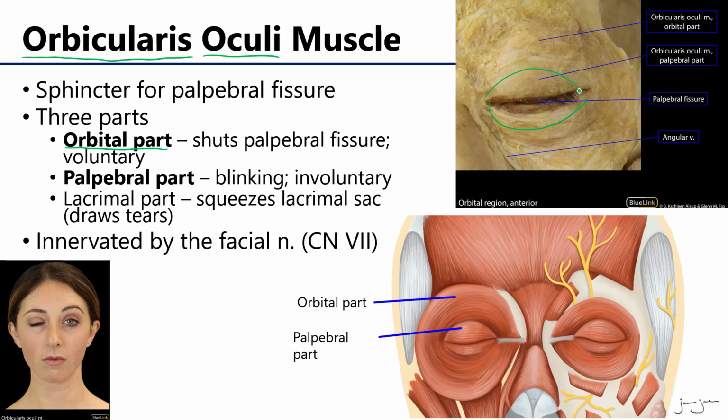There's also a third part of orbicularis oculi called the lacrimal part. That lacrimal part sits deep here, and when it contracts, it squeezes the lacrimal sac. So I think of this as like one of those little suction bulbs that new parents use to suction away snot or boogers from their infant's nose.